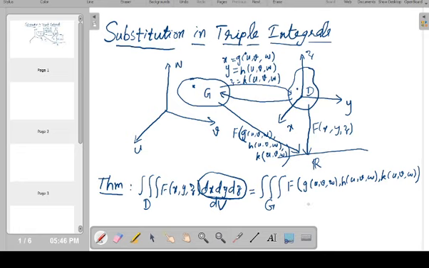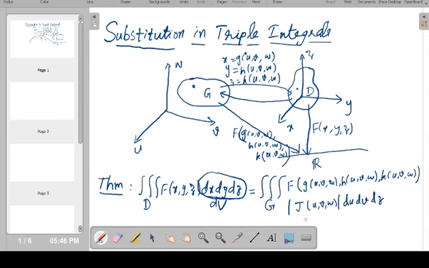It is the absolute value of the Jacobian, denoted J of u, v, w, times du dv dw.